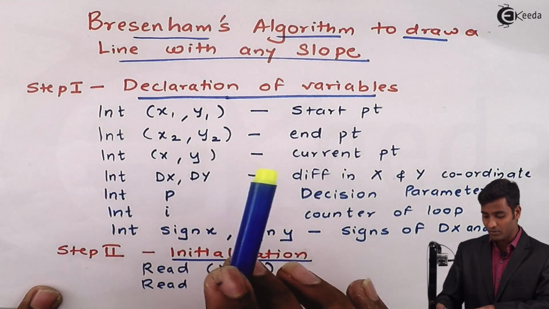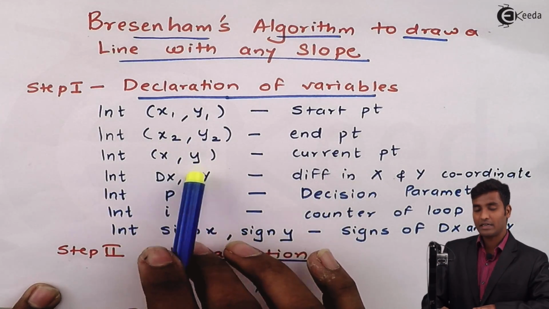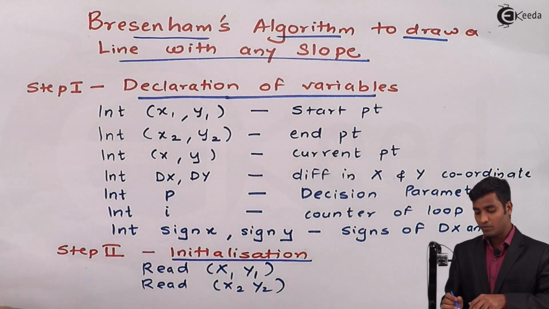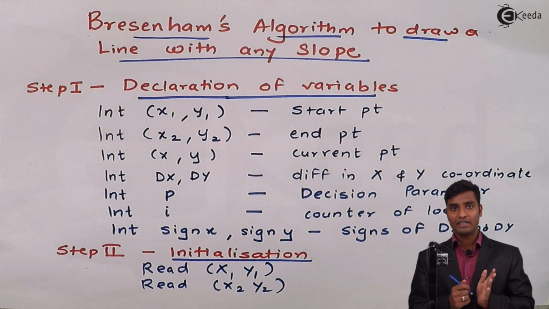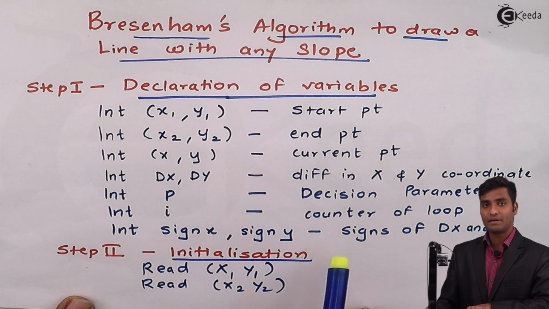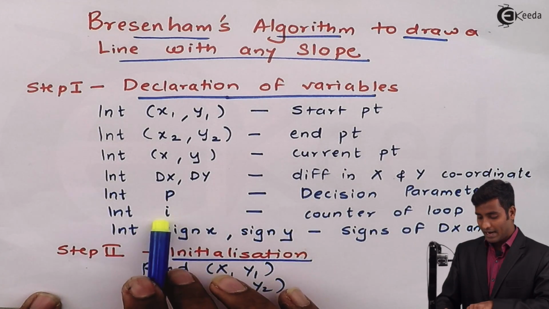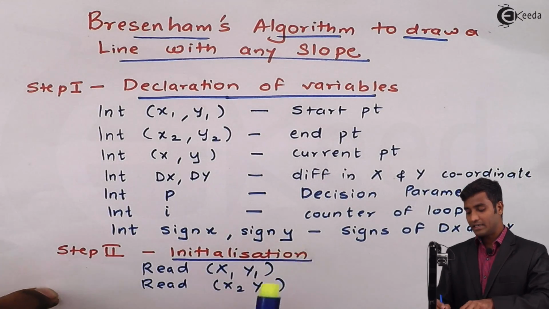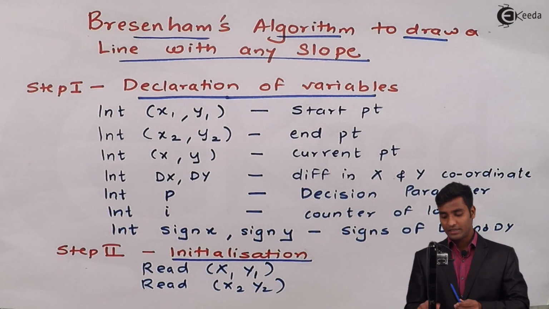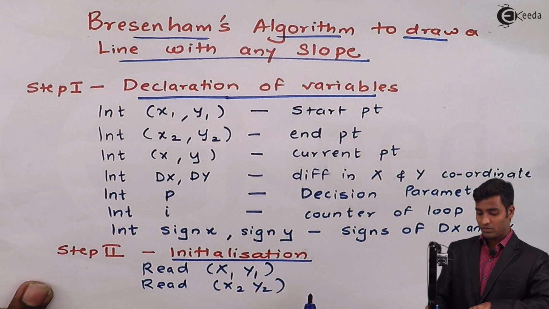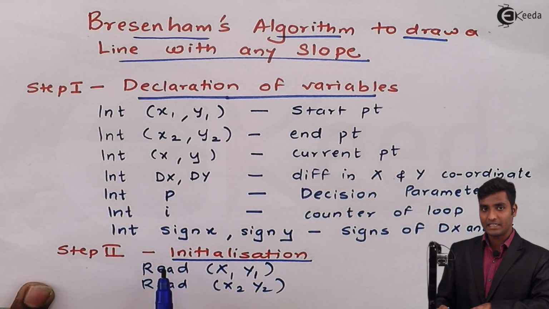And x y is the current point on the line, and dx and dy are the difference in x coordinates and y coordinates, and p is a decision parameter, and i is the counter of the loop, and sign x and sign y are the signs of dx and dy which we require for solving. And step 2 is initialization.